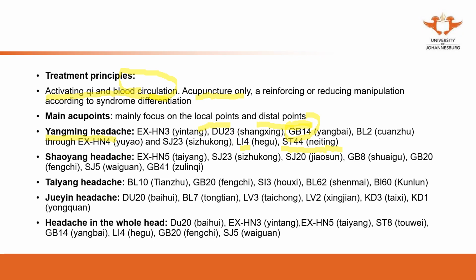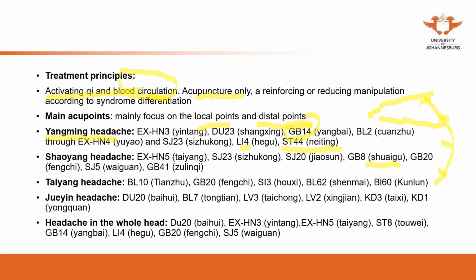Some of them you can also use through-needling, using one needle for multiple points. For example, you can use Sanjiao 23 through the GB points. Those are a few points on the sides of the head, such as GB8. You can insert from Sanjiao 23 all the way to the other GB points.